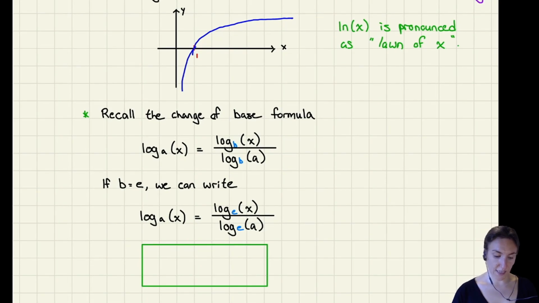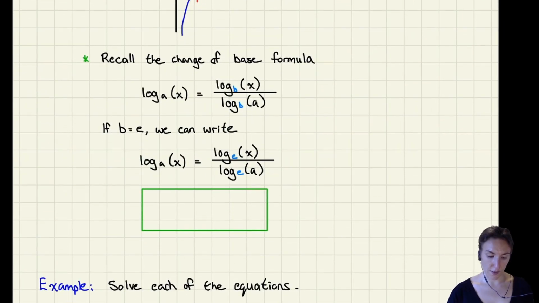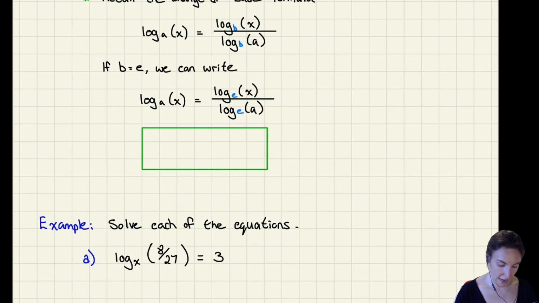And then this was the thing I said about the change of base formula, that if I want to change the base, I can change it to some value b, where I have log base b of x divided by log base b of a. And if I write b as e, I can instead just write my expression as log base a of x, and log base c, I can just change those to be lns.